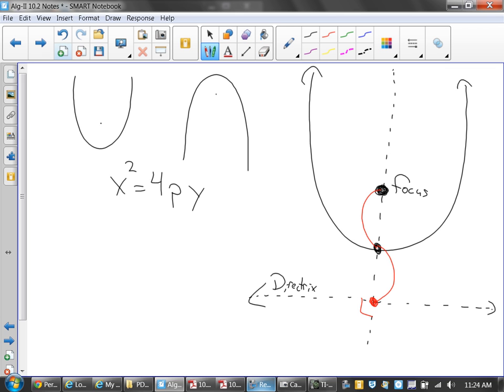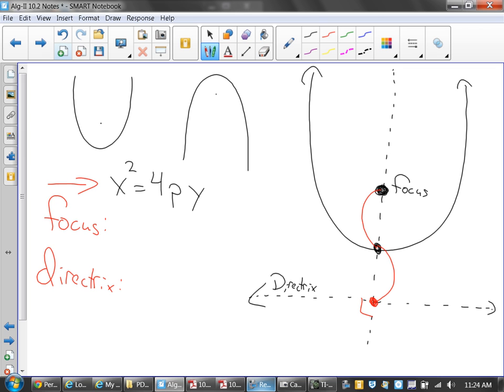So here's what's happening. Every single one of these parabolas that opens up like a cup or down like a frown follows the same pattern. That's the generic equation. The focus and the directrix also follow the same thing.